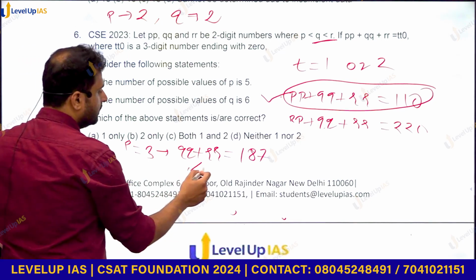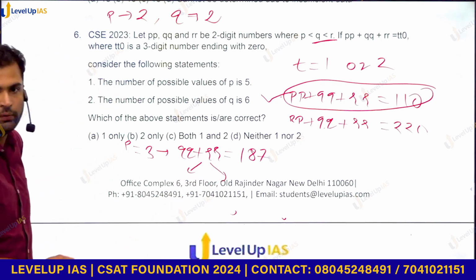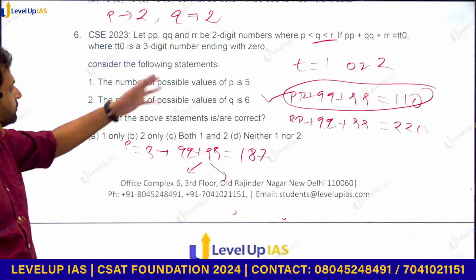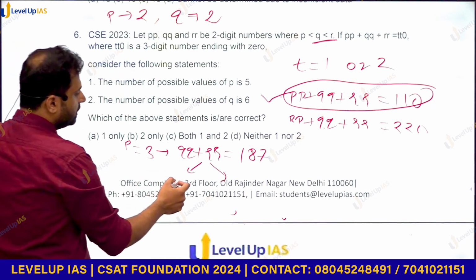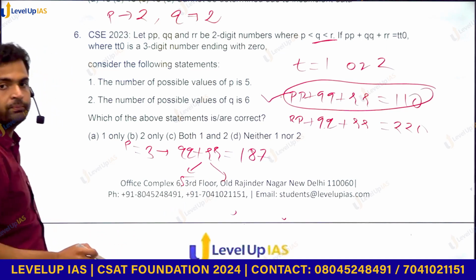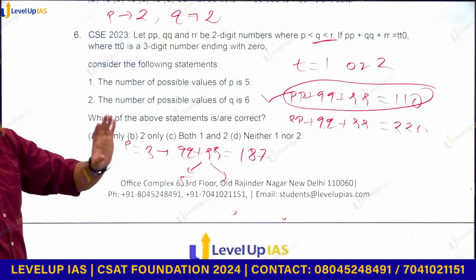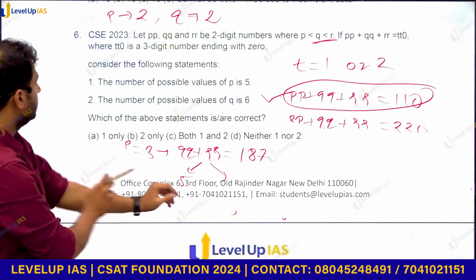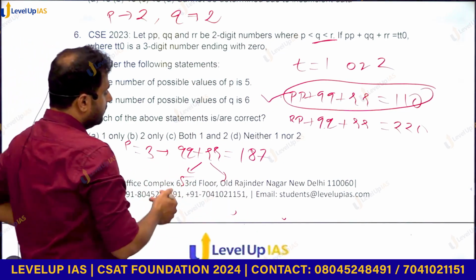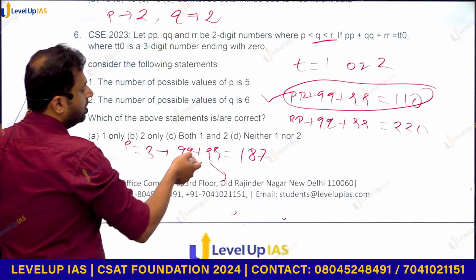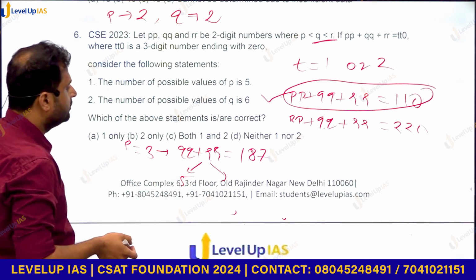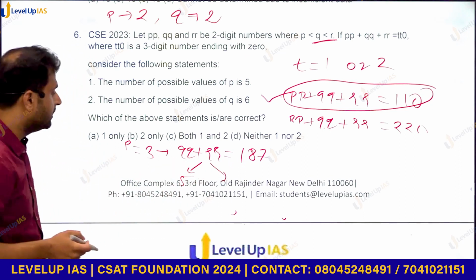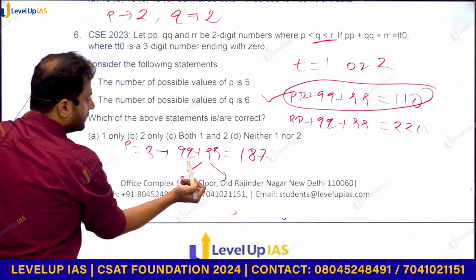Now here for Q as well, we have ensured that Q is equal to 3 was possible and Q is equal to 4 was possible. So we can start with Q is equal to 5. 3 and 4 are already possibilities we have confirmed. So here we will start with Q is equal to 5, then R is equal to, is it possible? We subtract 55, you don't get a 2-digit number. So here we reject this.